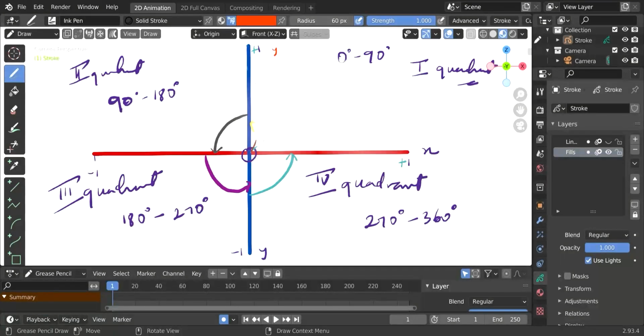So in this quadrant, if you're looking for the cosine of, I don't know, 120 degrees, no matter what you do, it's going to fall on the negative x-axis. But if you're looking for the sine of 120 degrees, it's going to fall on the positive y-axis.